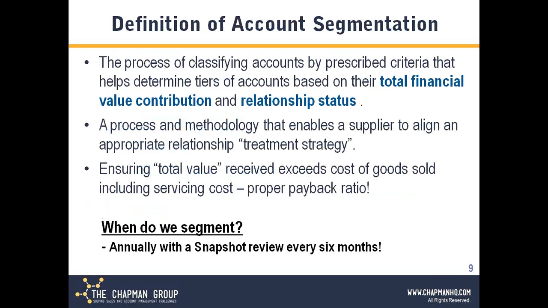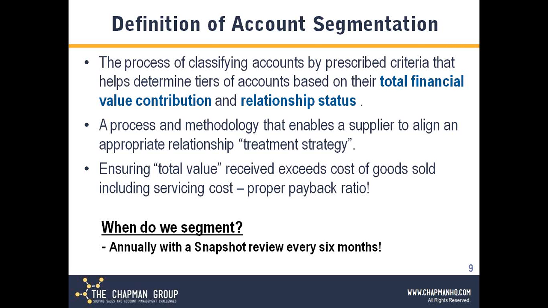So most things start with some form of a definition. Let me give you what we would term the components of a good definition of account segmentation. It's certainly a process where we classify accounts, and there are two predominant axes we look at. One is the financial value contribution, and the other is the relationship status.